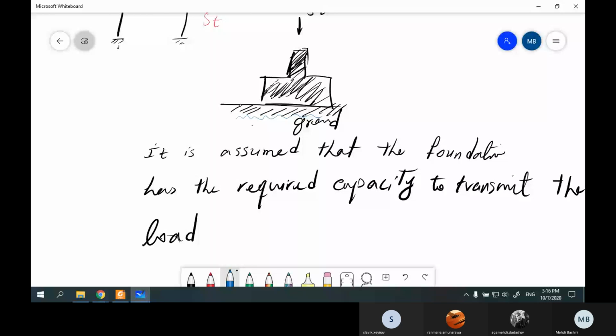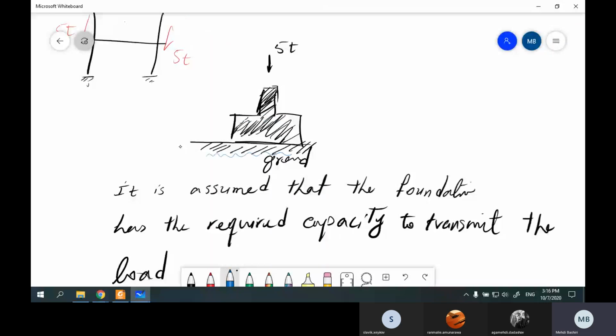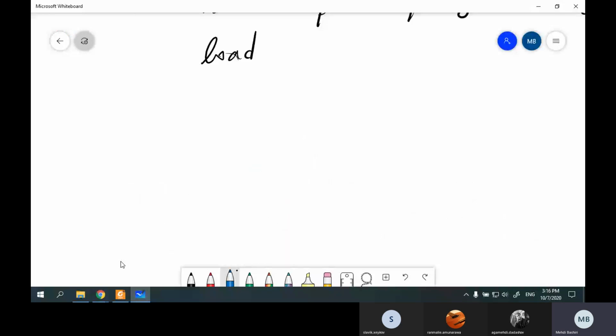As I said, the main concern here in foundation engineering is to check if this soil has the required capacity for this load. We have different failures or failure criteria.